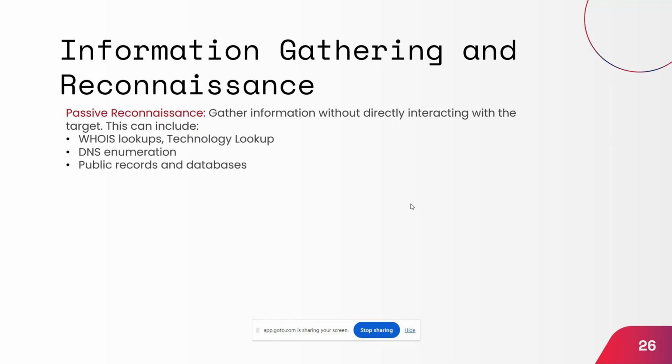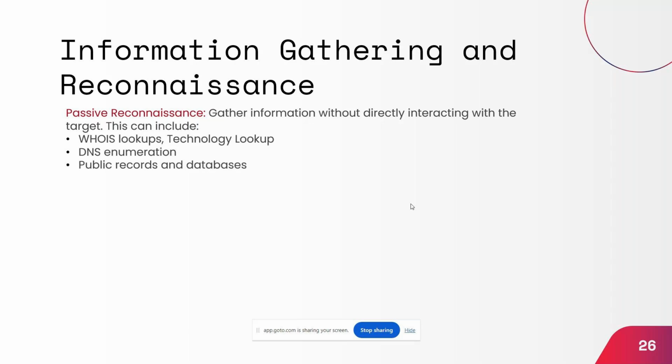Some examples of this are performing a WHOIS lookup. When I say WHOIS lookup, it is for identifying information about a specific domain, like when it is registered, when it is going to expire, where it is hosted, and who registered that particular domain.